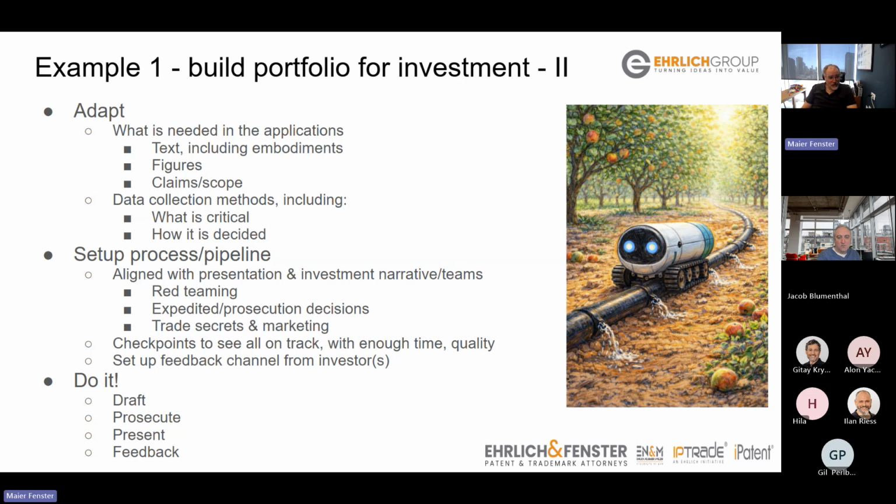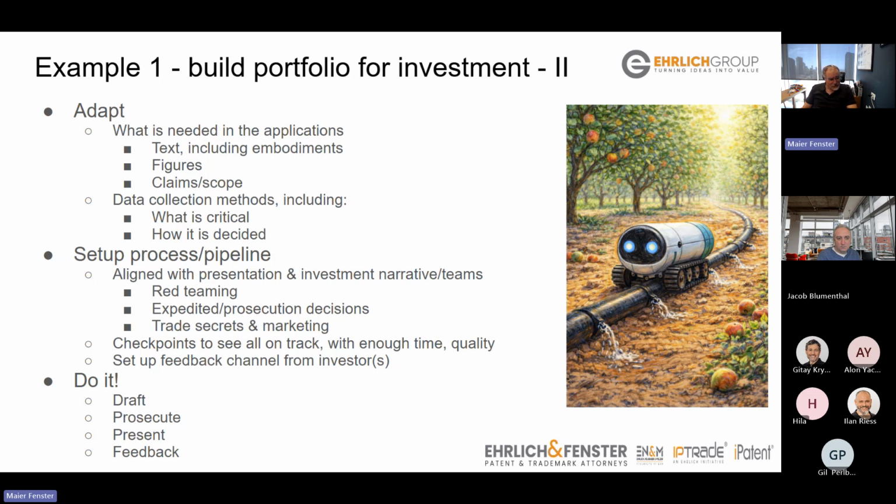The company can't fail. So we have to make sure that what we think we're doing is actually happening. So we have to define checkpoints where we check and see that our plan is on track and we still have enough time to fix it and the quality is acceptable. All of this is being done in order to impress investors.